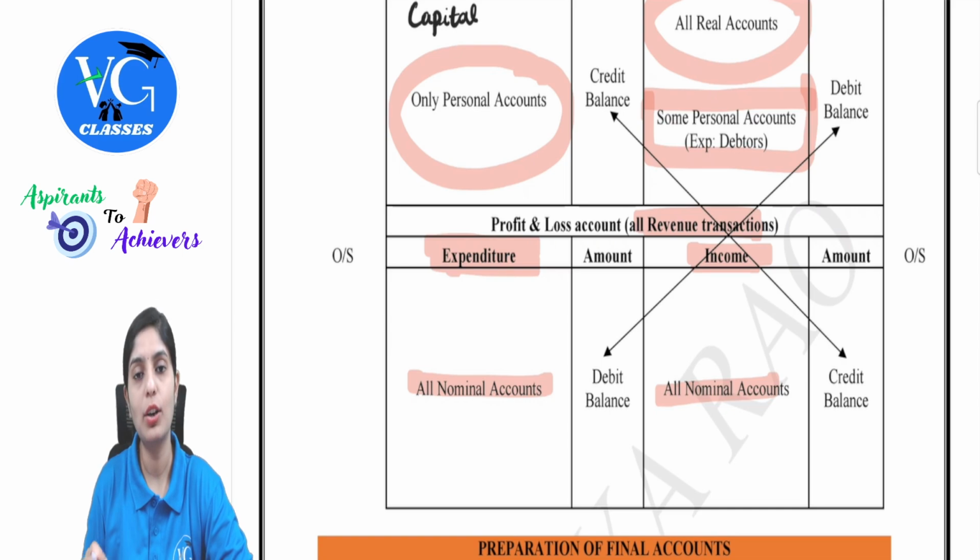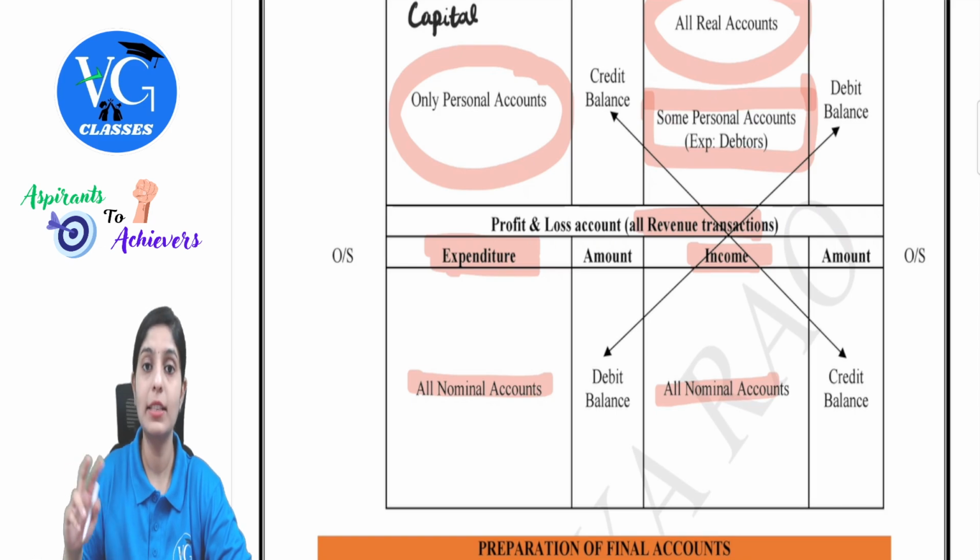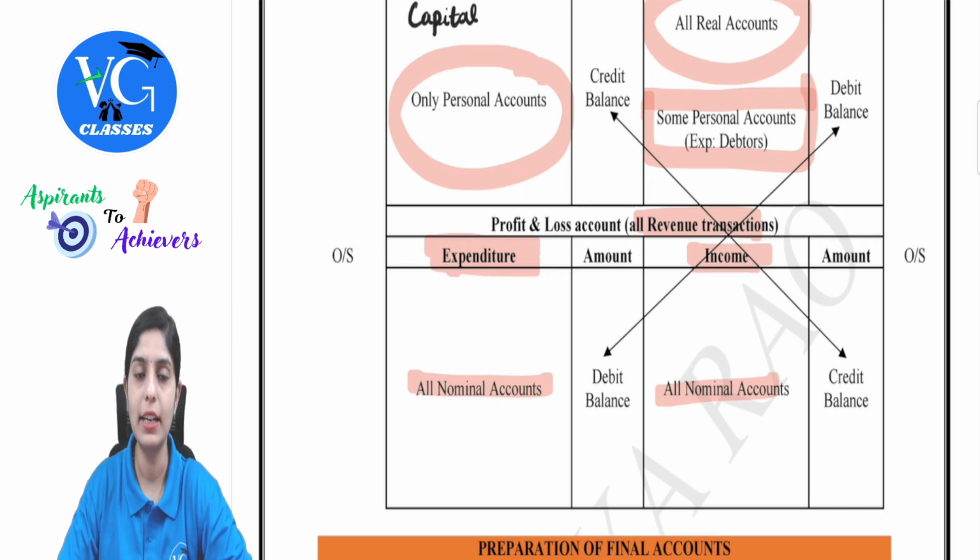Based on the accrual concept, we will have to record it on an occurrence basis. The second question is whether the amount of expenditure is actually paid, or the amount of income is actually received. So this is where we understand the concepts of outstanding or accrual, that is, outstanding expense or accrued income.